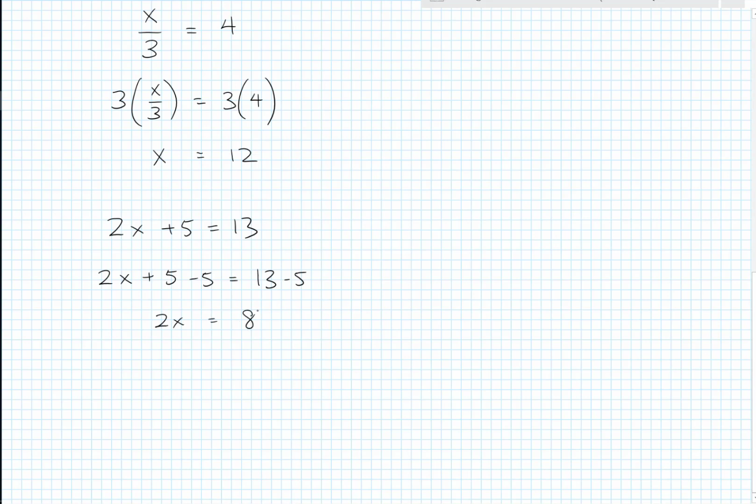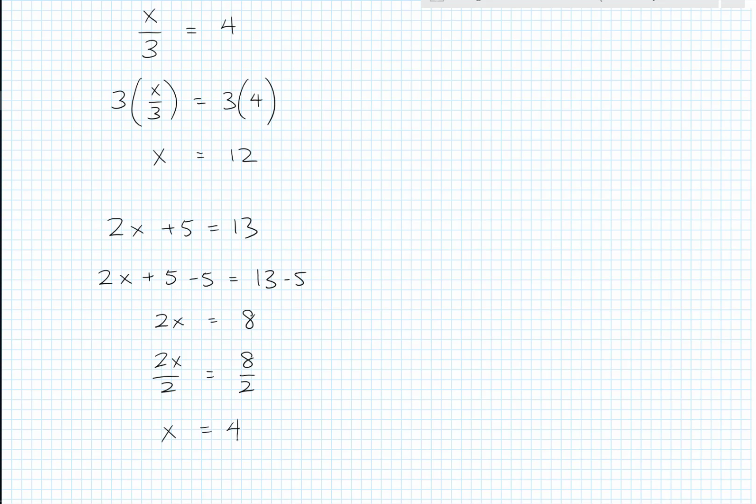And now I can ask the question, what am I doing to the x? I'm multiplying by 2. So the opposite of multiplying would be dividing. So I divide the left by 2, and I divide the right by 2. And I end up with x equal to 4. If I take that value and plug it into the original equation, 2 times 4 plus 5, well, that's 8 plus 5, which is 13, which is exactly what we get on the right-hand side.